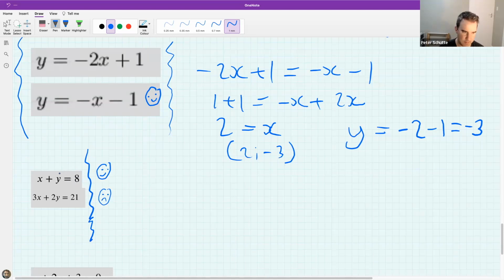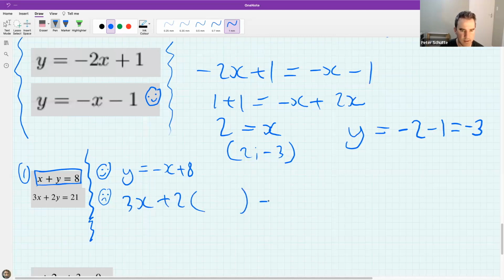I was thinking we can rewrite the easy equation in standard form. So what we'll call equation 1, we rewrite it in standard form, and we get that. And then we sub in wherever there is a y in the second harder looking equation, we put this value in here.